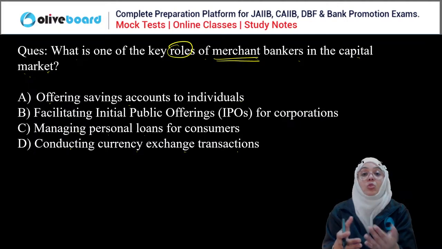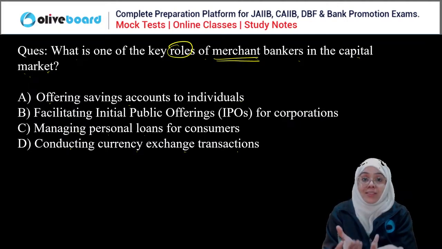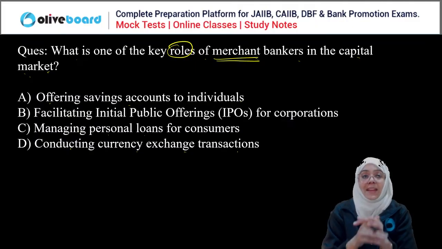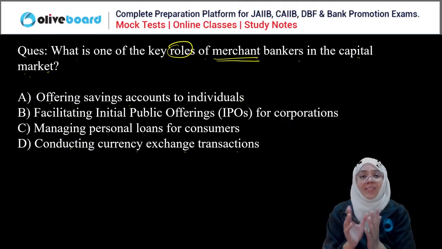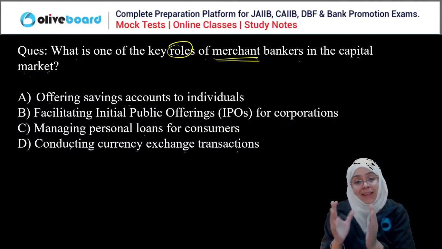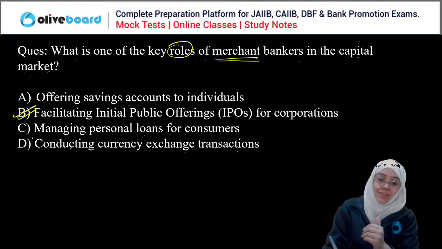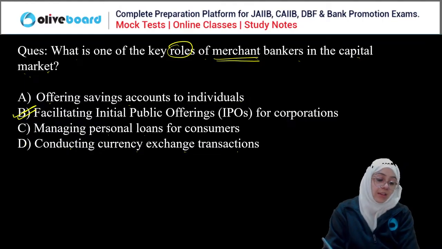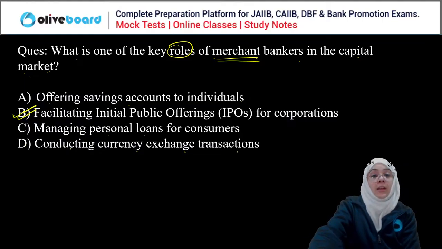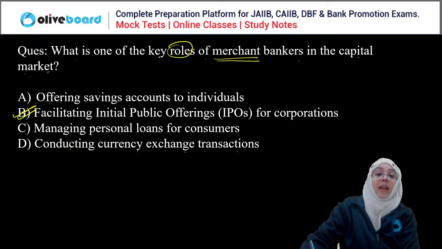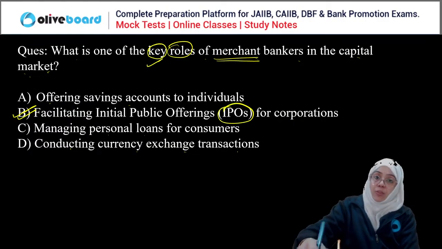They help you offer the red herring prospectus. So an initial public offering helps to raise the shares. These are the roles of the merchant banker. So B is the correct answer here. We are asking about one of the key roles, so the key role is the initial public offering.